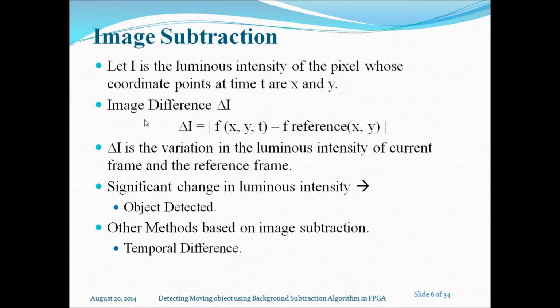The difference image delta I is achieved by subtracting the frame taken at time t from the reference image. In short, delta I is the variation in the luminous intensity of the current and reference frame. Image subtraction is based on the fact that any moving object will cause a significant change in luminous intensity of the pixel.